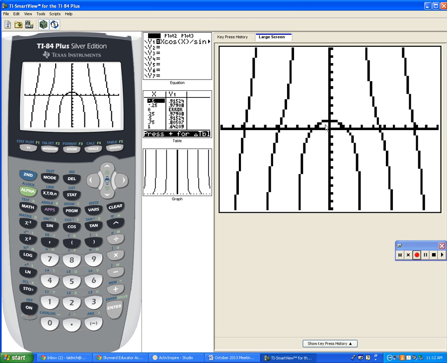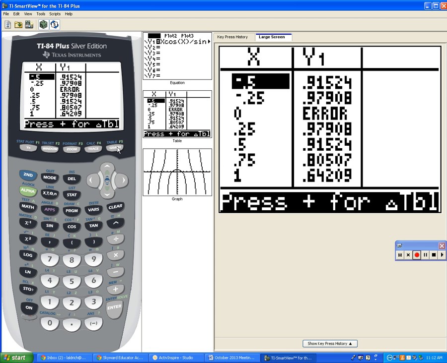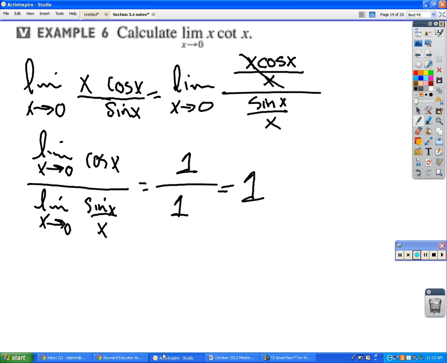Now, if I look at the table here, you can see that there's an error at 0 because I can't plug in 0 here because the sine of 0 is 0 and I can't divide by 0. Okay? So this mumbo jumbo magic that we did was to get rid of that so that we could figure out what it was. So you multiply by that fraction.